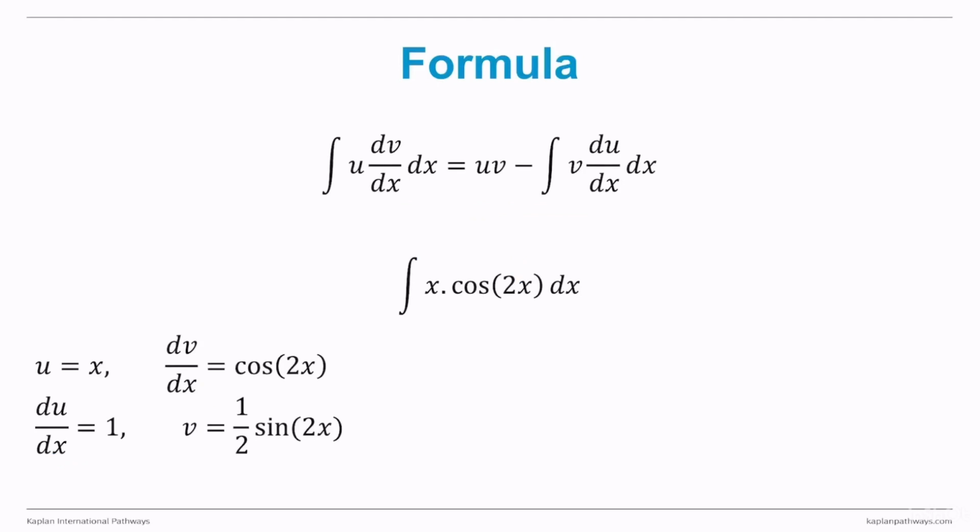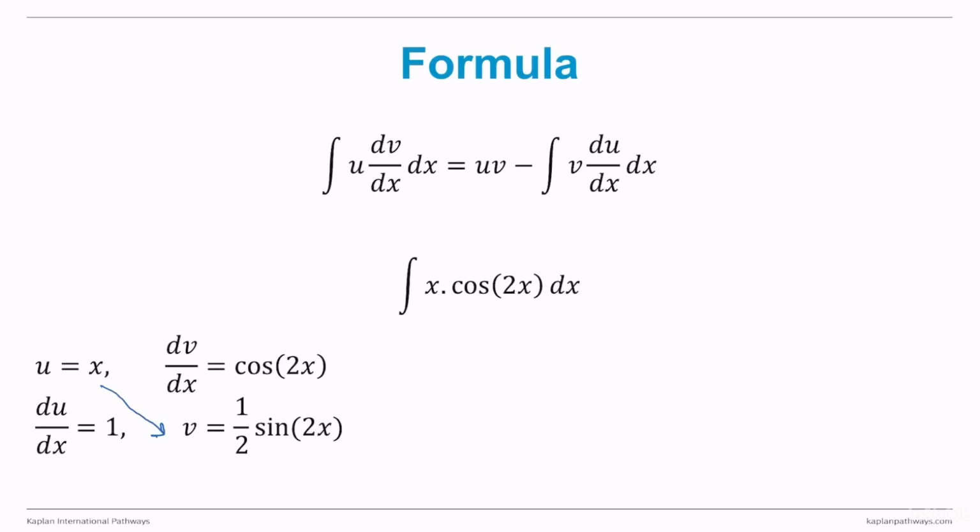So, u is x, dv over dx, we said that. Then du over dx is 1. And v is the integration of the cosine, which is sine 2x divided by the derivative of 2x, which is 2, so it's half sine 2x. So now we need uv minus v du.